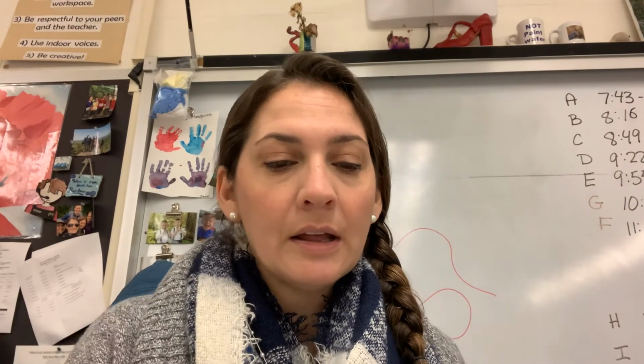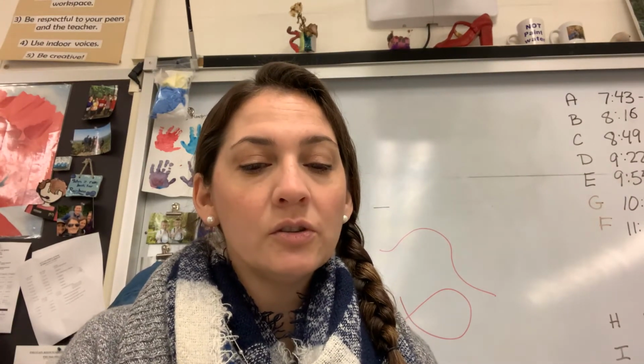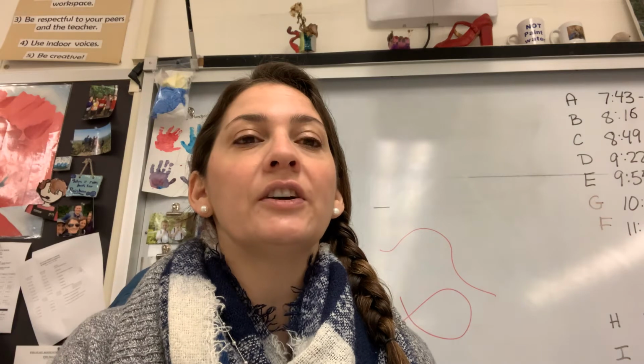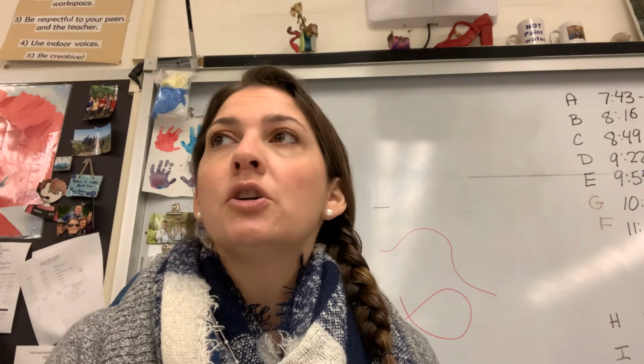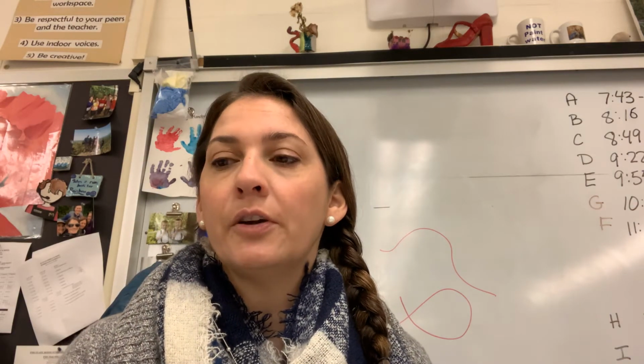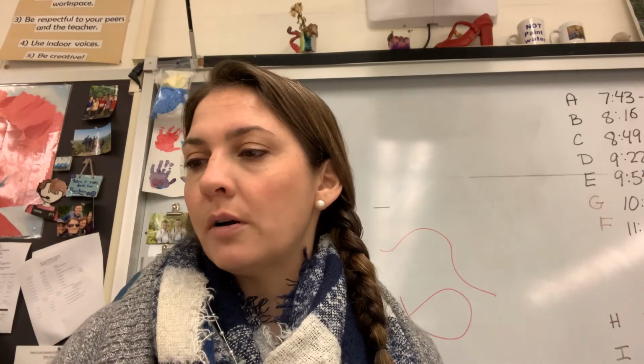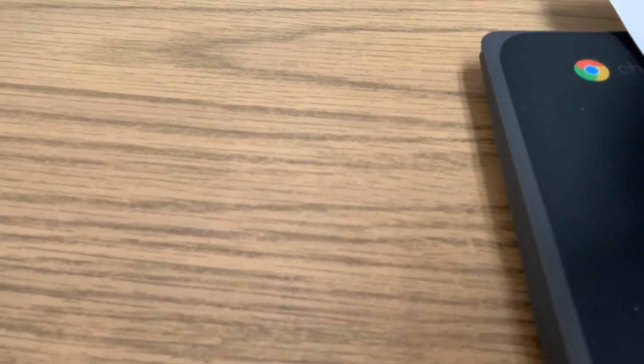Number 4, texture. Texture is how something feels or looks like it would feel if you were to touch it. So if you look at the desk in front of you, and I'll show you for people at home, my desk in front of me, you can see that there is a wood grain image on the desk.